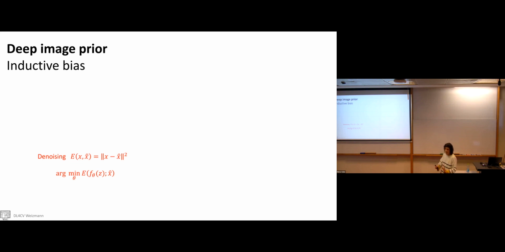There is one question that I would like to ask you. How does it come that in the case of denoising, if this is the degraded image, the noisy image, and this is the loss, the network does not boil down to the noisy image in the loss?